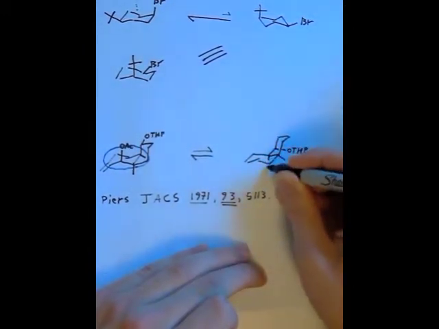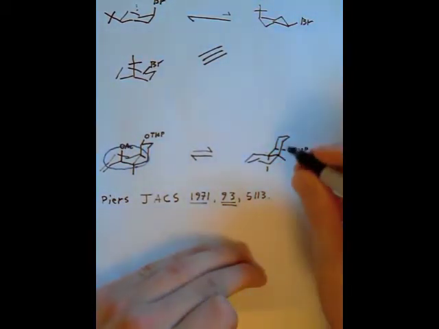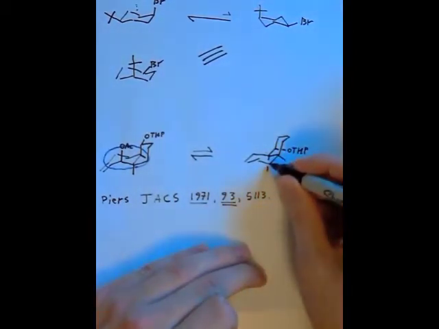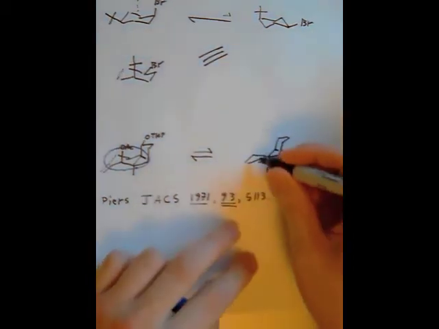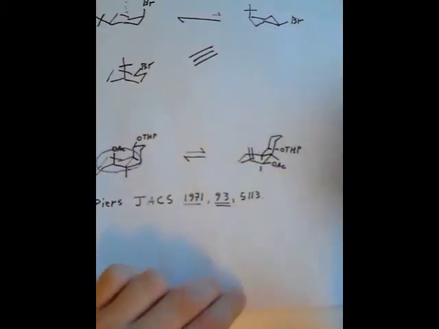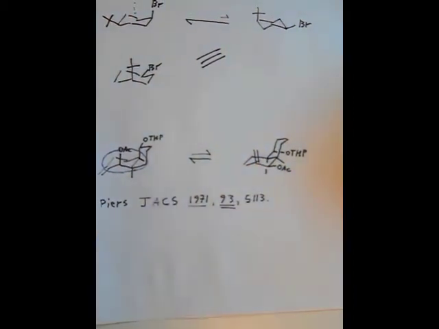These methyls are still here. The acetate is still up, and then this olefin is still there. And as you can see, it took virtually no time to perform this ring flip.